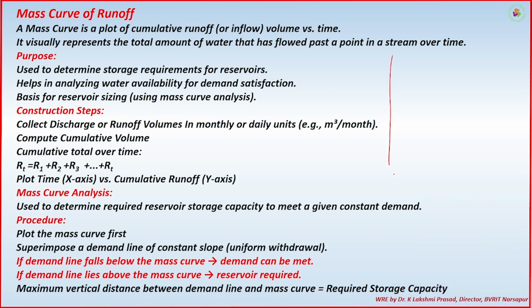Suppose for the mass curve of runoff, please remember, I take this as the x-axis and this as the y-axis. On the x-axis, what should we take? Number one, time. This time may be, for example, 1 year, which means 12 months, or 20 years.